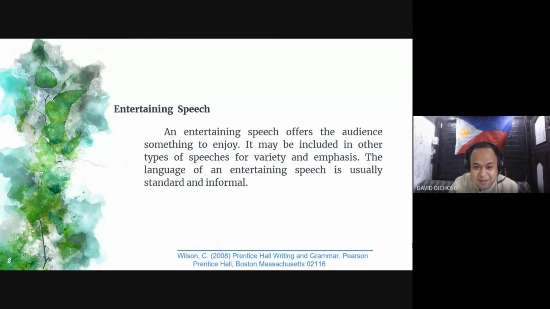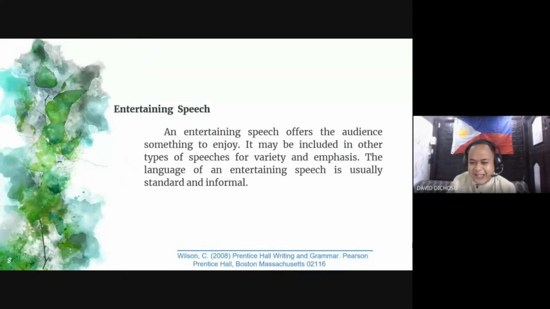It says here also that it may be included in other types of speech for variety and emphasis. This means that you may inject a sentence or a phrase to entertain your audience. Example, last year there is a speech submitted to me by one of my students, and the introductory statement is very catchy. It was like, in love, age doesn't matter, but AIDS matter.